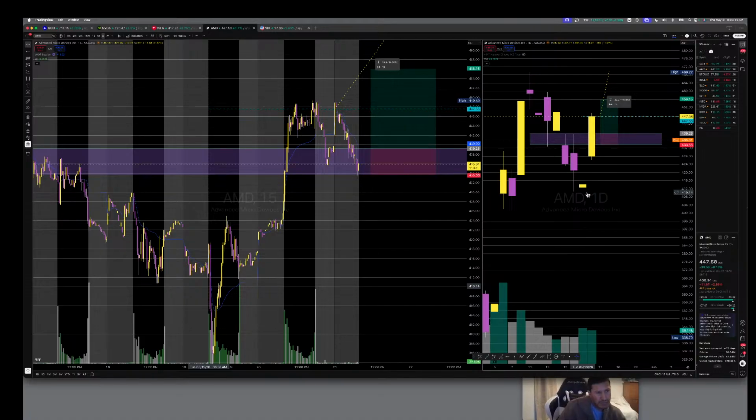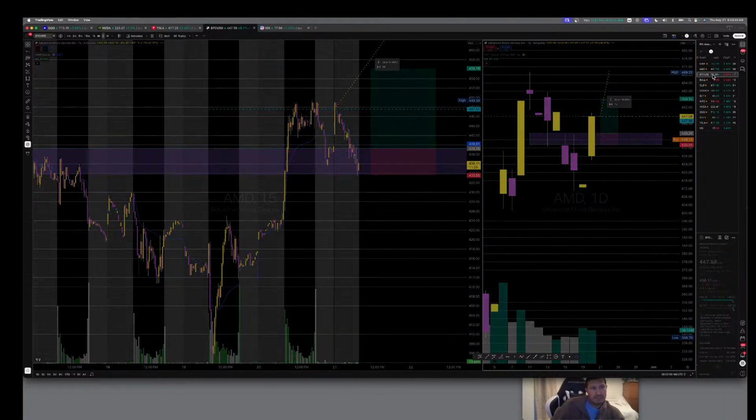And same situation, right? It also could just grab some liquidity down here. So it's kind of just trapped below the middle. Not something I really want to trade.